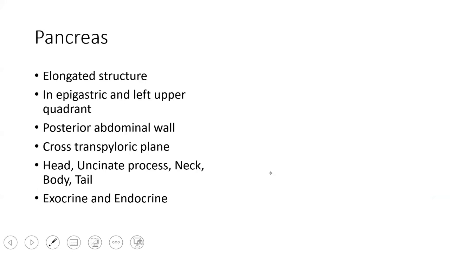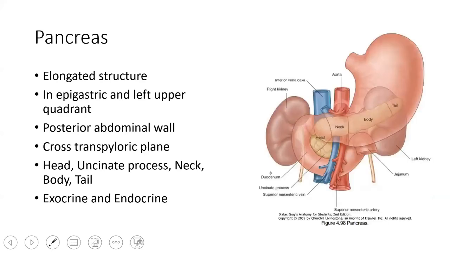Okay, so now we come to the pancreas. Pancreas is an elongated structure which extends from the epigastric region to the left upper quadrant. So here in the duodenum, the head of the pancreas is lodged within this curvature of the duodenum like this, and it extends into the left upper hypochondriac region.